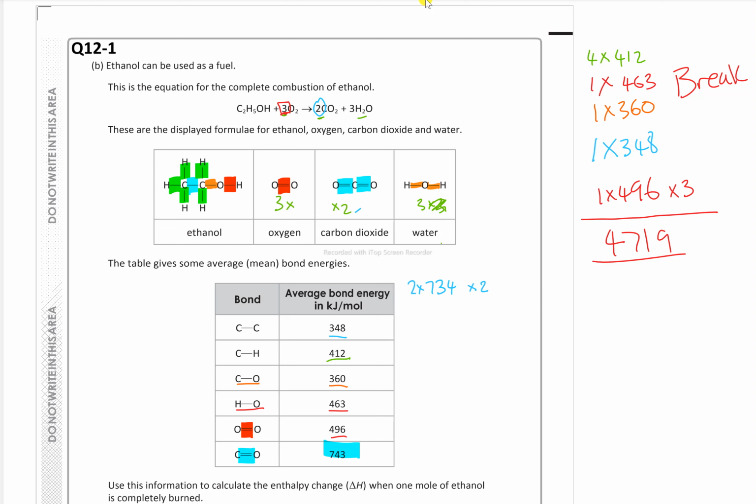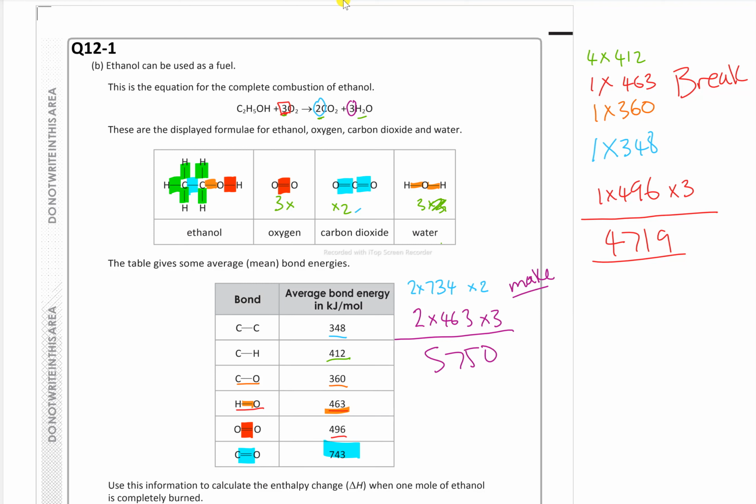Hydrogen, oxygen, hydrogen, oxygen. 463. So we've got 2 lots of 463. But again, can you see we've got 3 lots of that going on? So we multiply everything by 3. So if we add all those, we should get 5750. This is make.